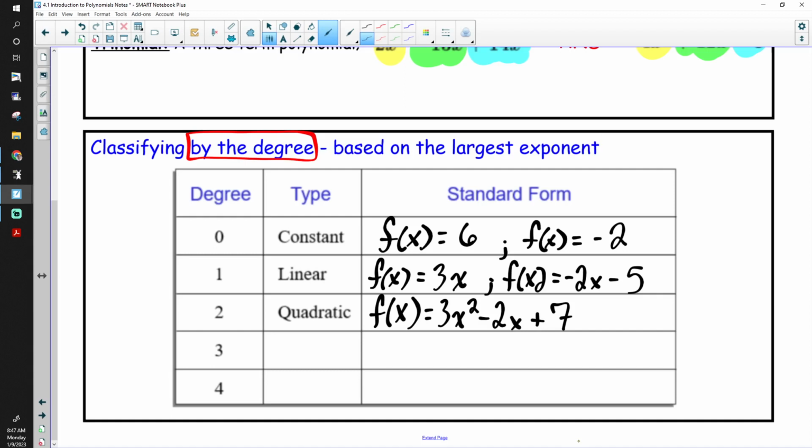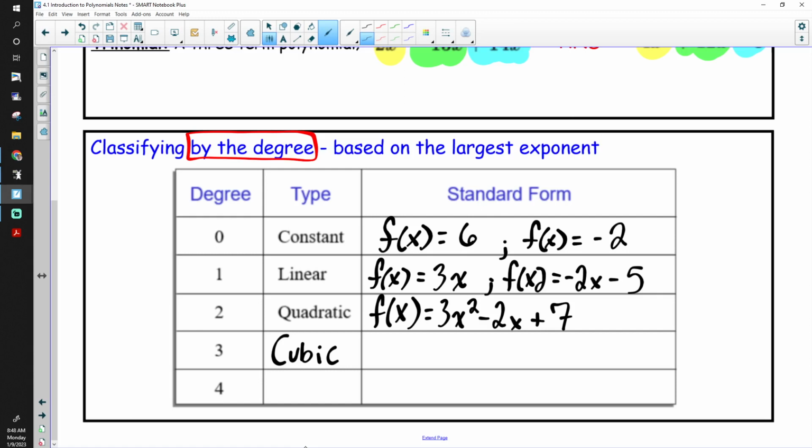Does anyone know what we call a degree 3? It is called a cubic. That comes from how you find the volume of a cube.